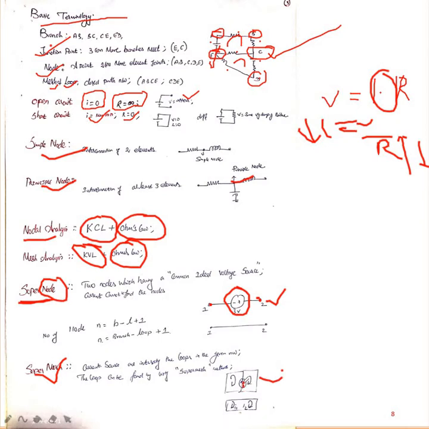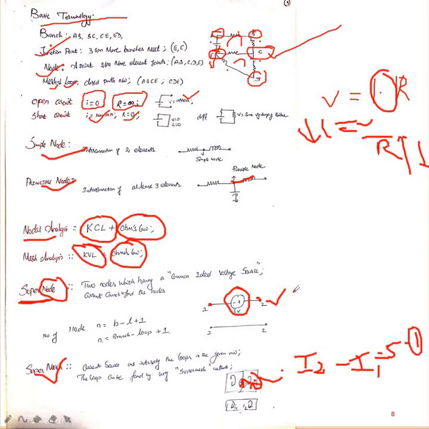My direction is upward, so whichever current is coming gets first priority. So I write I2 first, followed by the other loop, minus I1, and the current value is 5. So I2 minus I1 equals 5. That is equation number 1.